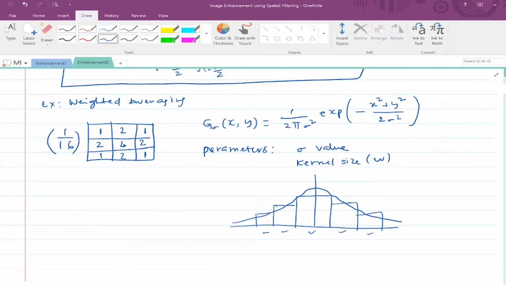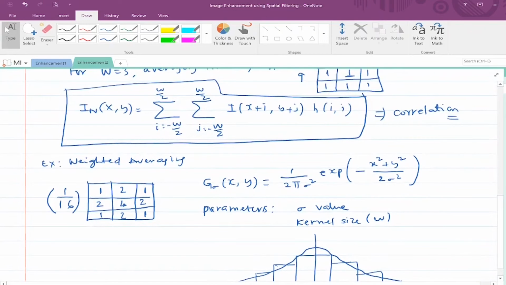Hope it is clear. Now let me come back here to the point that this is a correlation result. So essentially what you are doing here, you are correlating the input image with the mask in order to obtain the enhanced image.